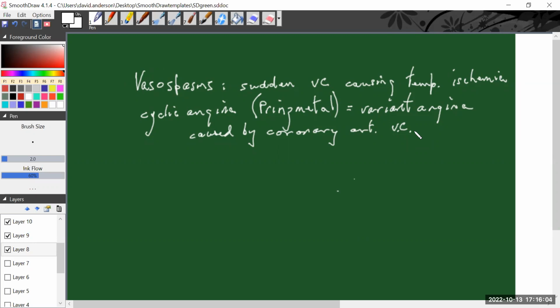So because the coronary artery on a temporary basis is constricted, it causes the signs and symptoms of ischemia to the heart wall, and that presents as chest pain. So the difference here is that it's variant, it's not predictable, and that's why it's considered basically an idiopathic kind of etiology.